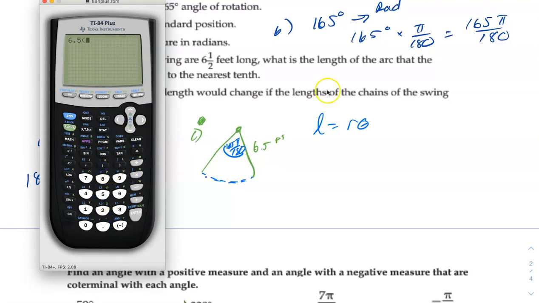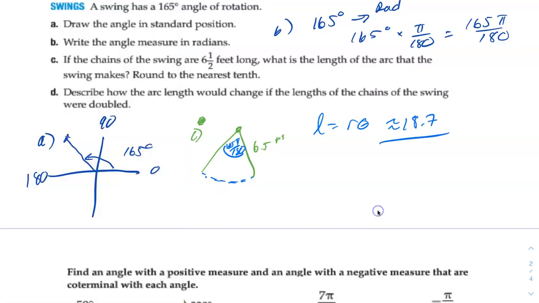My theta is this, because remember it's in radians, so it's 165 pi divided by 180. So I get 18.786, and there's the tenths, so approximately 18.7. That's the arc length in feet.